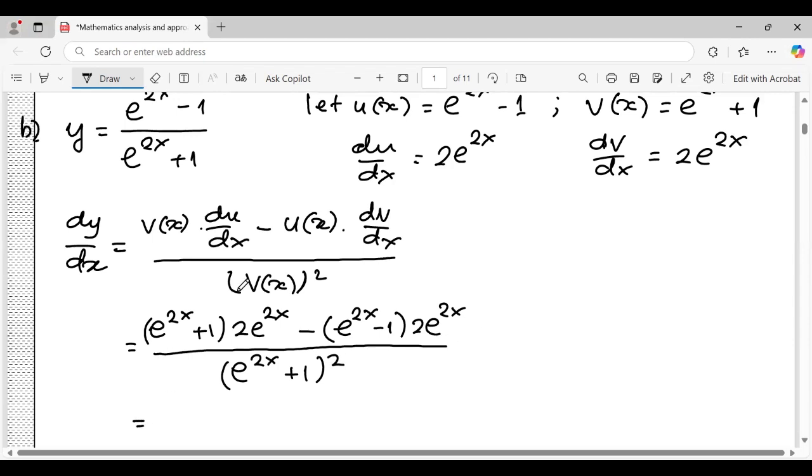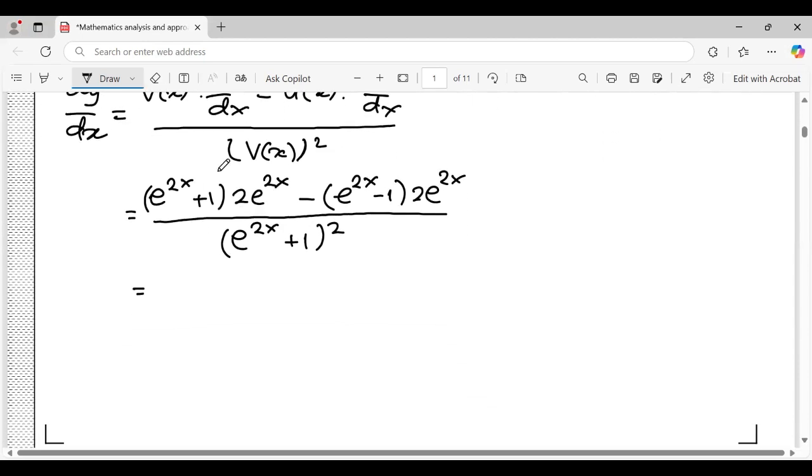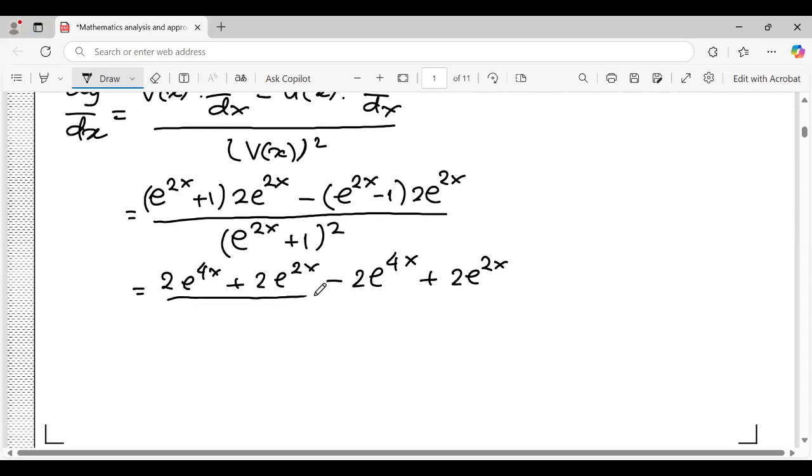And after that, expand: 2e^(2x) multiplied by e^(2x) becomes 2e^(4x), plus 2e^(2x), minus 2e^(4x), plus 2e^(2x), over (e^(2x) plus 1) squared.